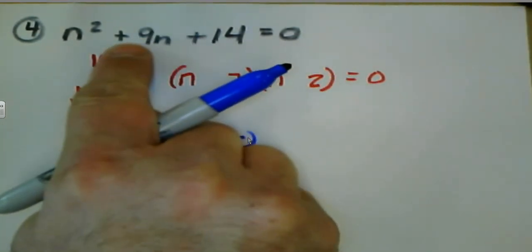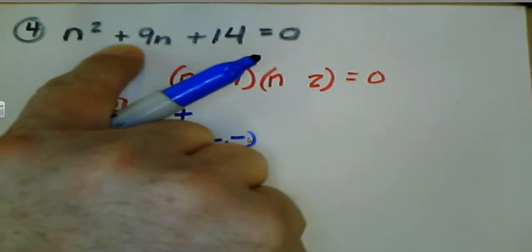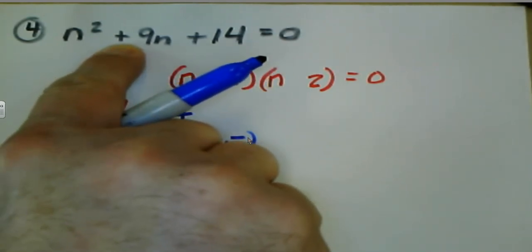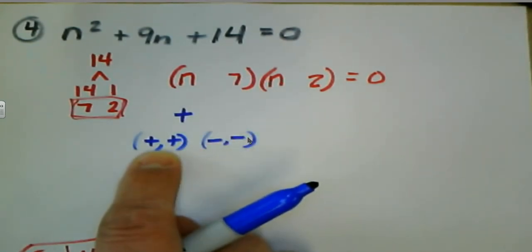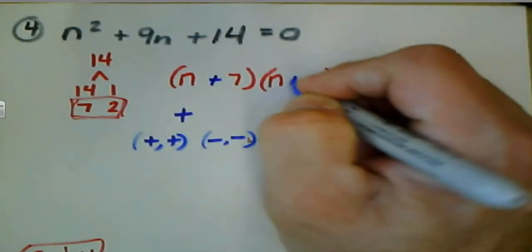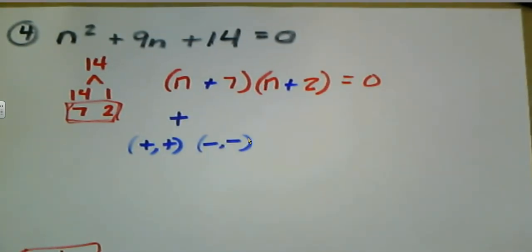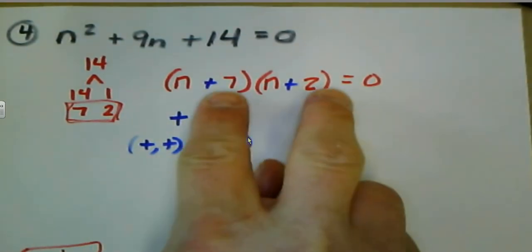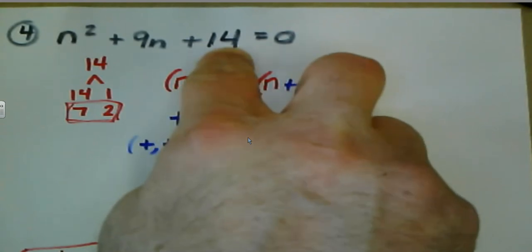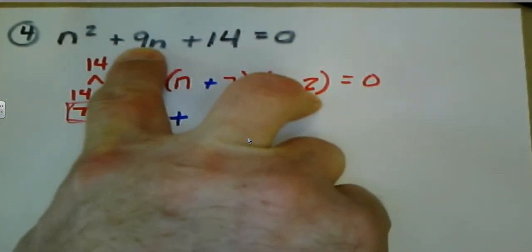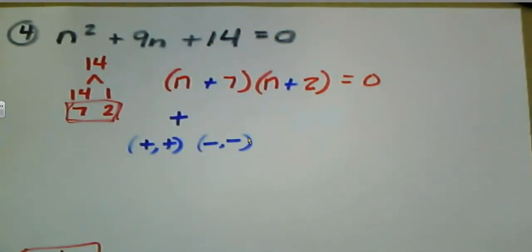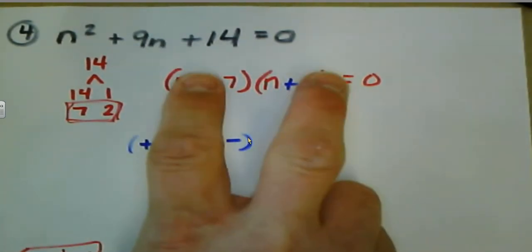We look at the second term. It's plus, so we have to go down here and choose the plus plus. Now, you need to check it. 7 times 2 is 14. 7 plus 2 is 9. And that is correct.